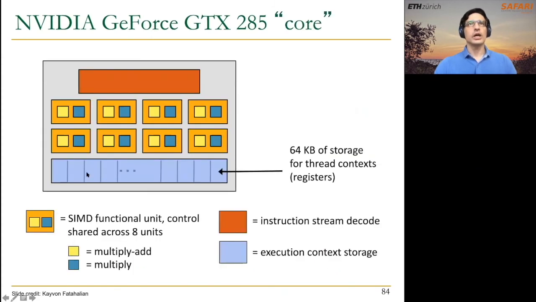We can take a look inside each of these cores. So this gray thing here is a whole core. Inside the core, we have the SIMD functional units. You can see that we have 1, 2, 3, 4, 5 until 8.